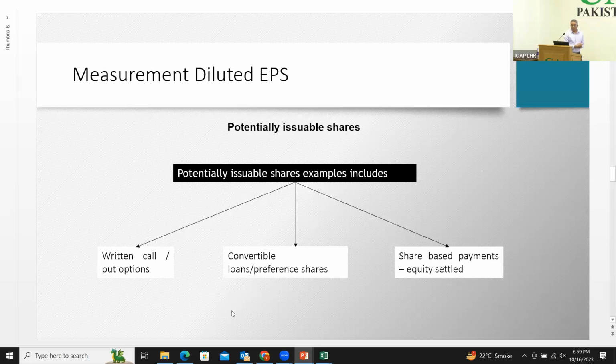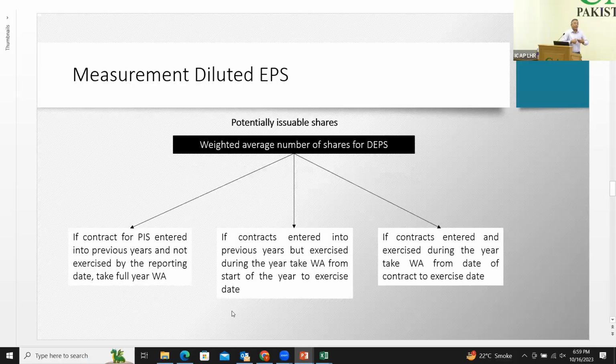As potentially issuable shares are not issued yet, but we are including them in the weighted average number of shares, how do we determine for what period they should be included? The standard provides information. If the contract for potentially issuable shares has been in existence for a full year, it will be included in the weighted average number of shares for the full year. If this contract has been issued during the year and is outstanding at the end of the year, it will be included only for the period for which it was in existence.